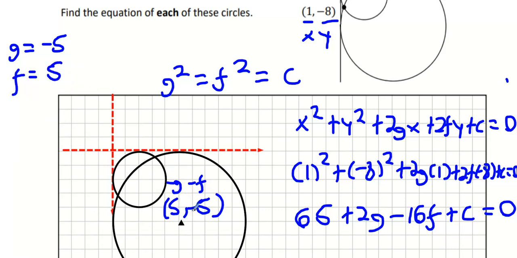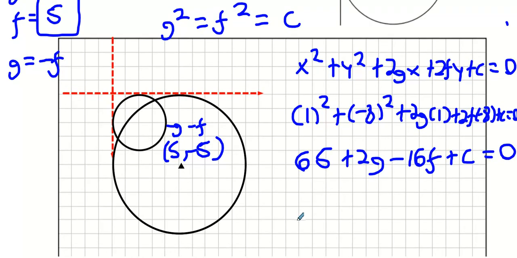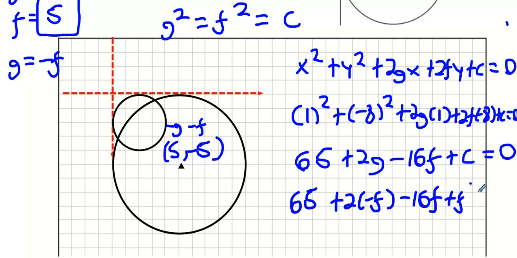For this type of equation in this quadrant only, and one of the other quadrants, your g value and f value are the same size, but they're always opposite in sign. So g equals -f. So when I go into this formula, I can replace g with -f, because it's 2 times -f. And then I have minus 16f, and we know that the c value is the same as f squared.